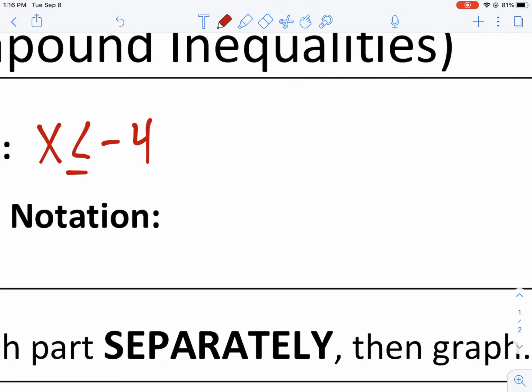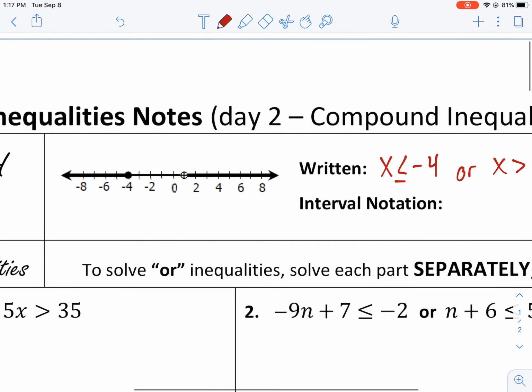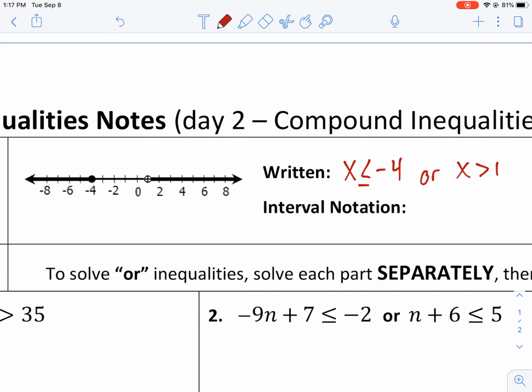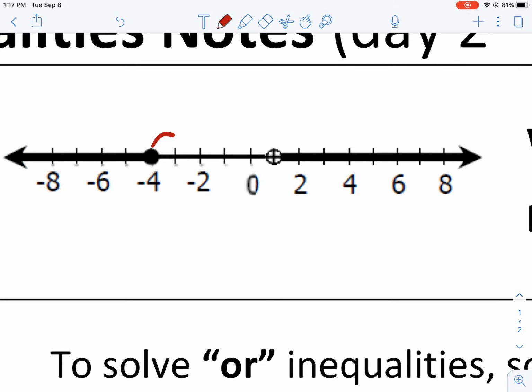So we're going to say x is less than or equal to -4, or x is greater than 1. So when we're saying or, we're saying it's either of those two things. It could be less than -4 or greater than 1, but not in between. So this little section in between is the only section where our line is not touching any numbers.